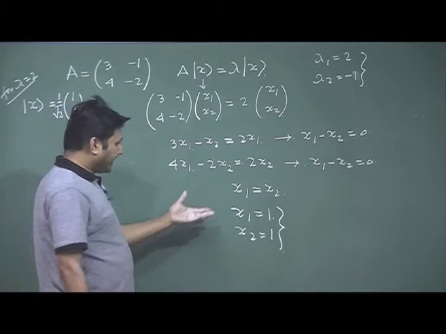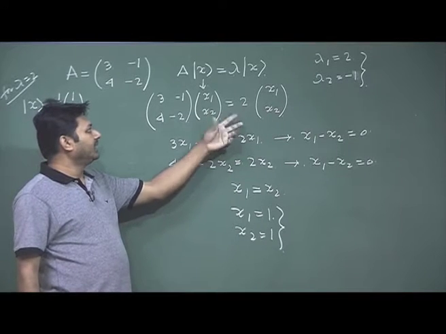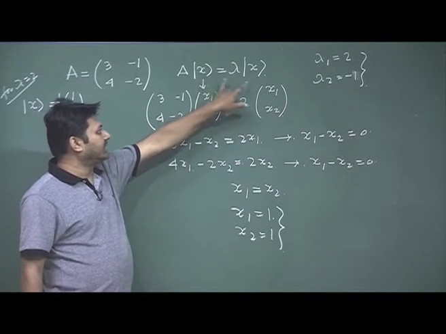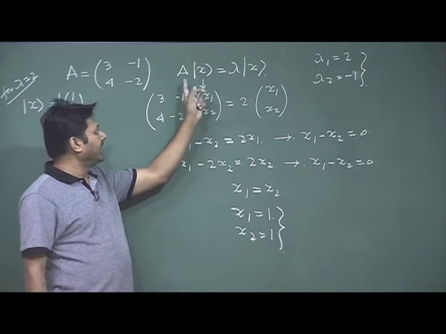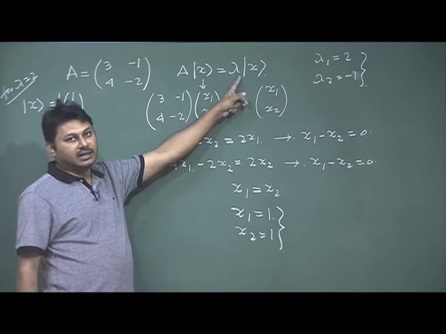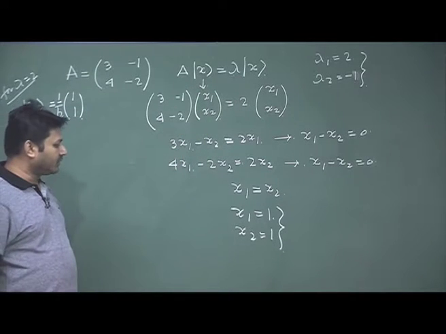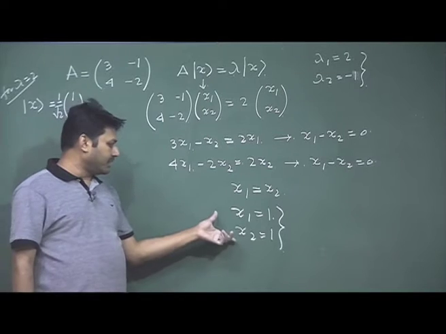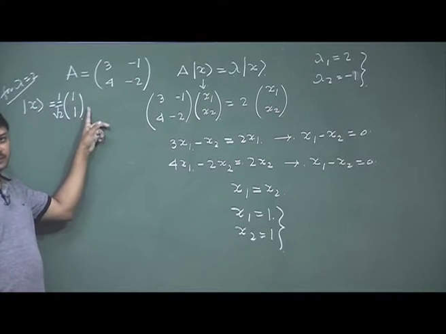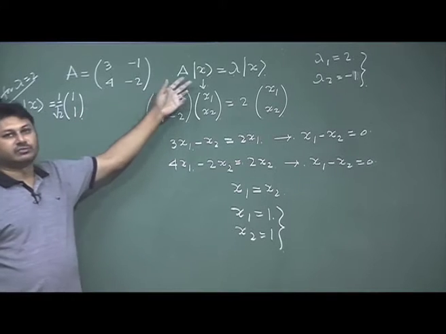Now why am I not getting a unique result? If you check, you will find that if this is an eigenvector x and x, then if I multiply any number with this, that will automatically be an eigenvector of A. So there is an infinite number of possibilities for the eigenvector. If I multiply by 5, 6, 7, whatever number, that will automatically be an eigenvector.